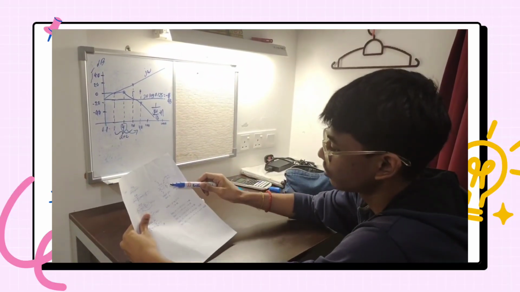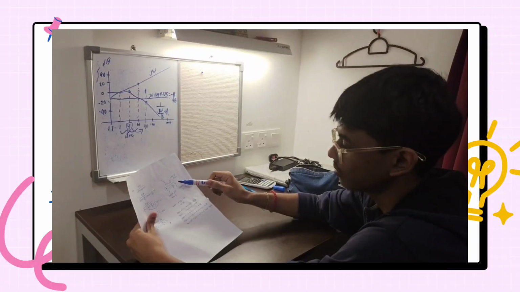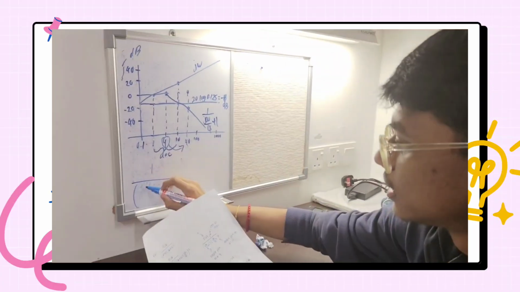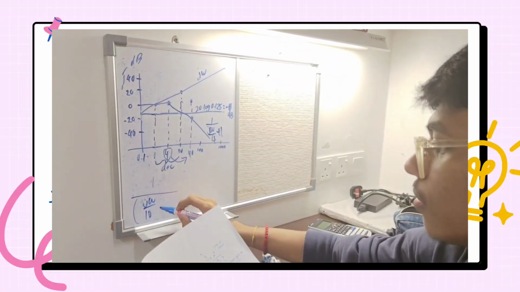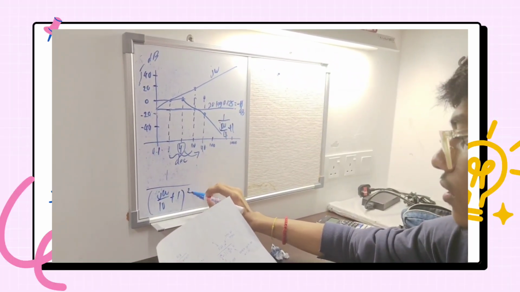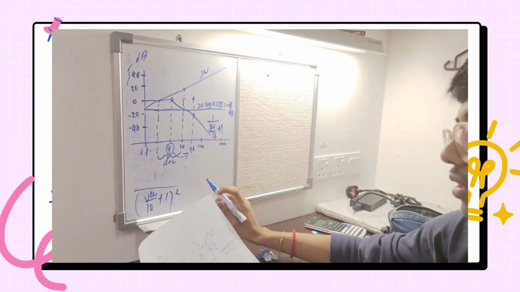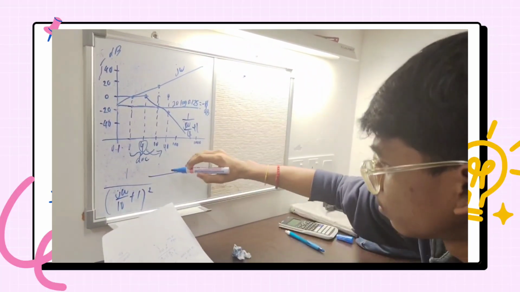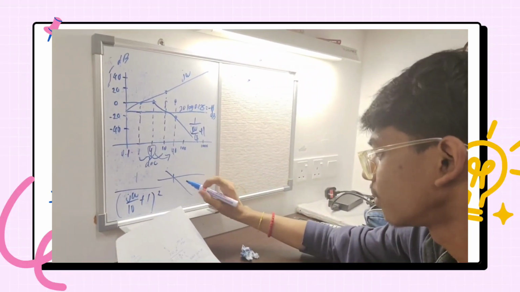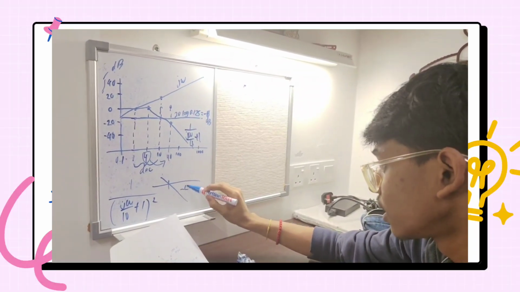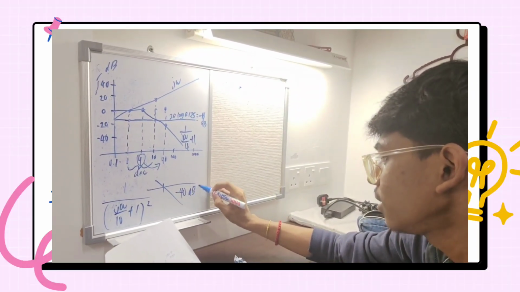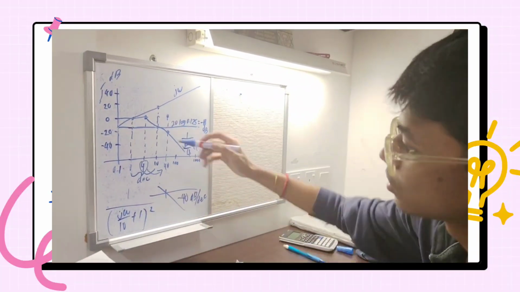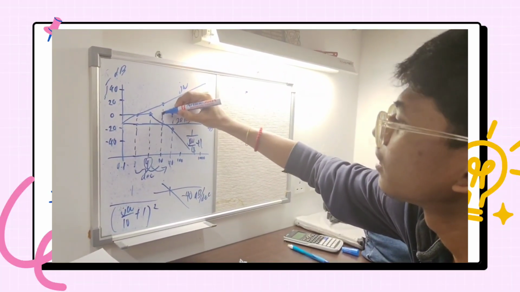Okay, then label it as 1 over (j omega over 4 plus 1). Now we have (j omega over 10 plus 1) to the power of 2, which is the same as a simple pole but with the power of 2. It can be confusing for some, but it is as simple as a simple pole. Just like the simple pole, we have to decrease it, but by 40 dB per decade. There's a 10, so we plot it at 10.